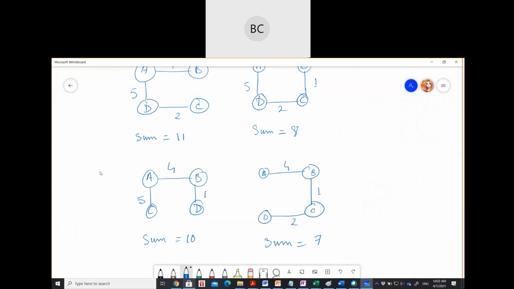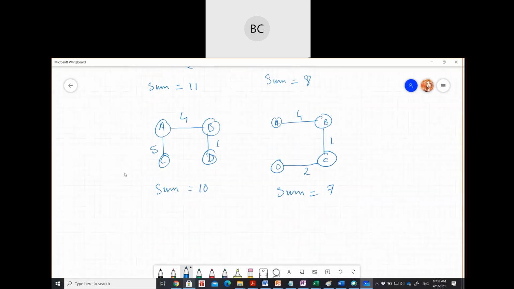Last one. Yes. The one with the sum 7. This one is your minimum, where the total weight of the spanning tree is 7. So the minimum spanning tree is the spanning tree which will have the minimum weight for all the edges. Okay.